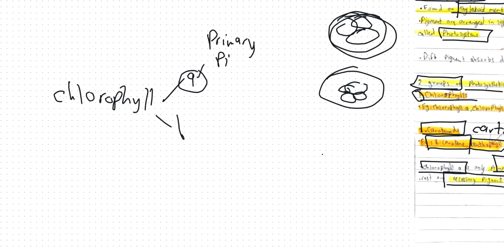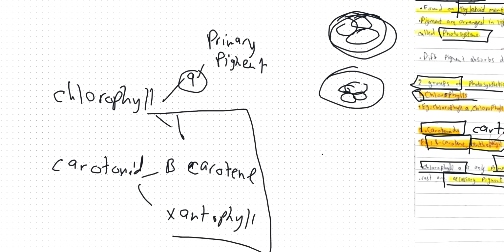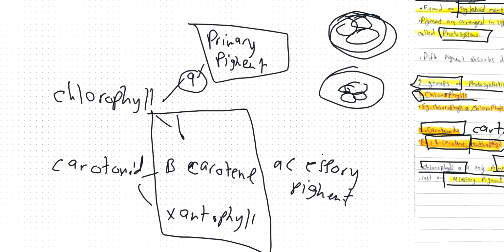And the rest of the pigments, the carotenoids, which are of two types as well, beta carotene and xanthophyll, and chlorophyll B, are known as the accessory pigments. Why is that? Because they would not be used a lot in photosynthesis. This is the most important pigment, chlorophyll A. I'll get to what primary and accessory mean, but for now, just know this.